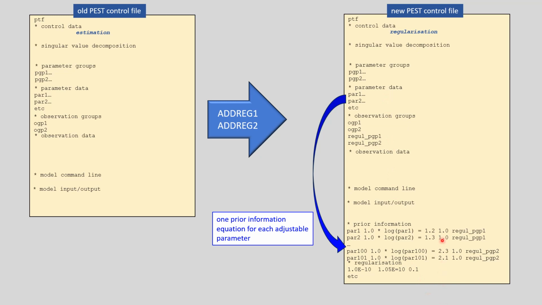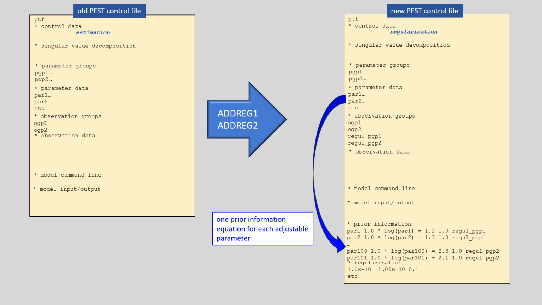The weight associated with each of these prior information equations is 1. You may want to change that, or as we'll talk about later, more often you may want to introduce a covariance matrix in place of weights. But just to make things easy, when ADDREG1 or ADDREG2 adds these prior information equations, they are given a weight of 1.